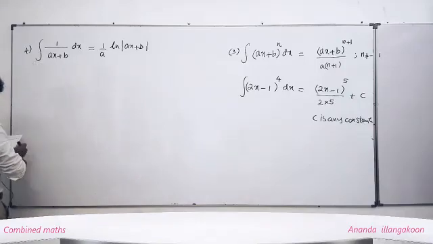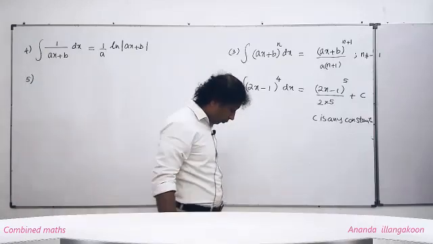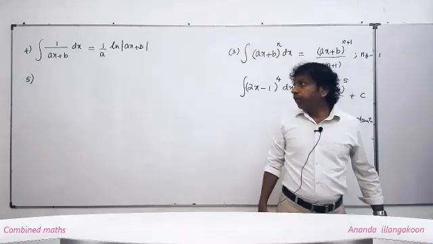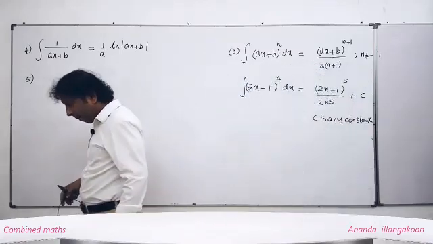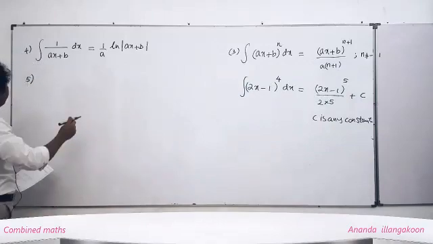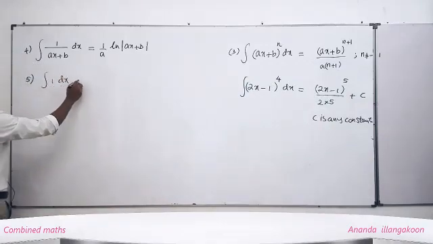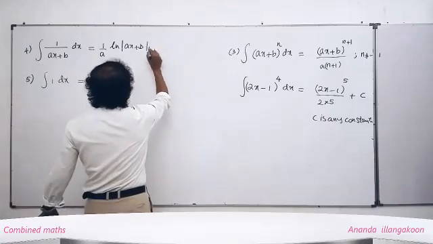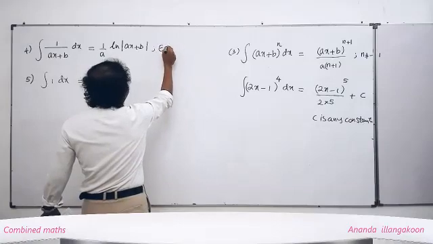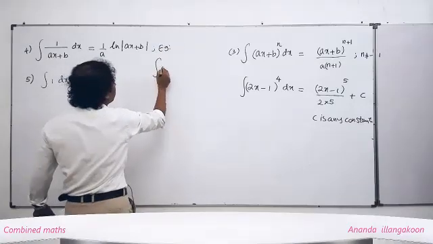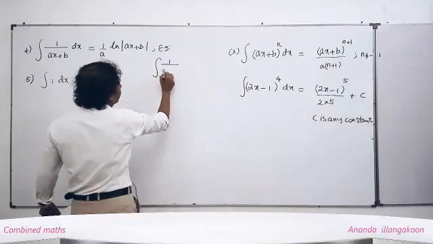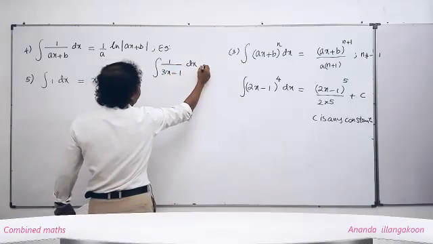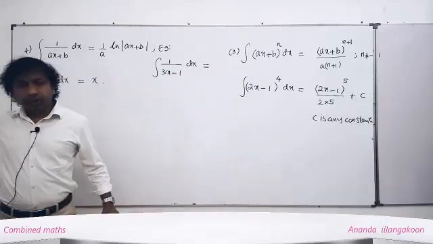Number 4. Number 5. When you integrate 1 with respect to x, it is x. Now for this one, when you take an example, 1 upon 3x minus 1 dx, what is the answer?